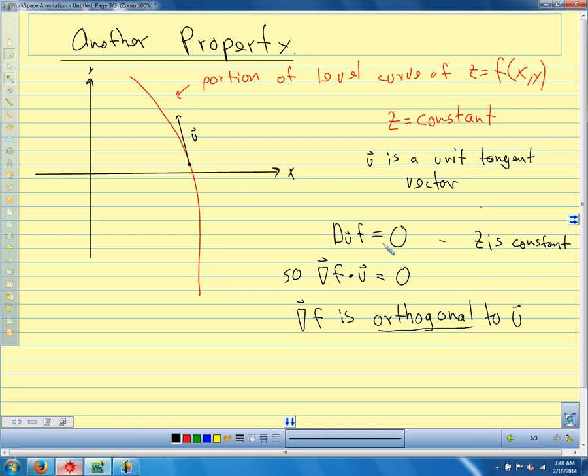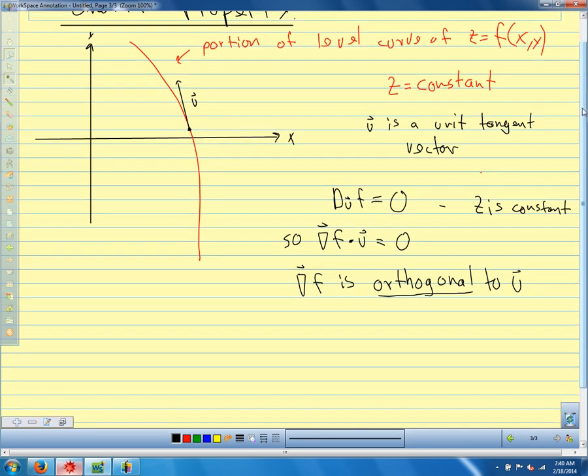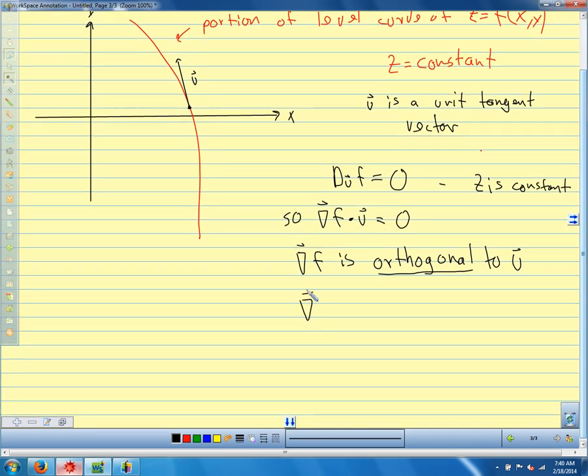We usually call it normal. So del F is normal to any level curve. So our gradient vector is normal to level curves.